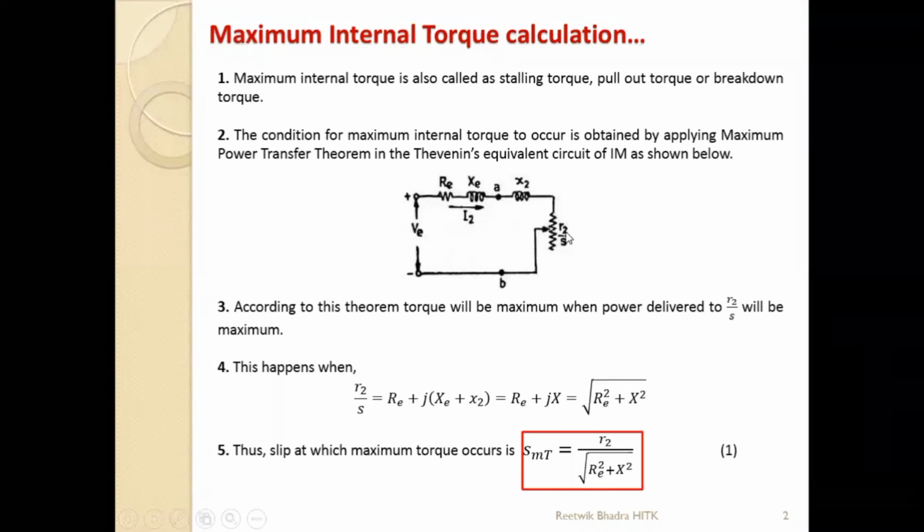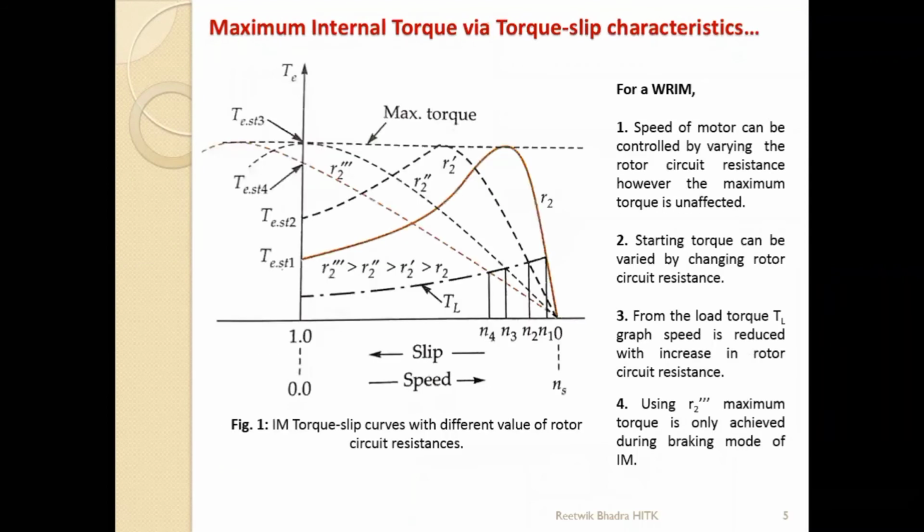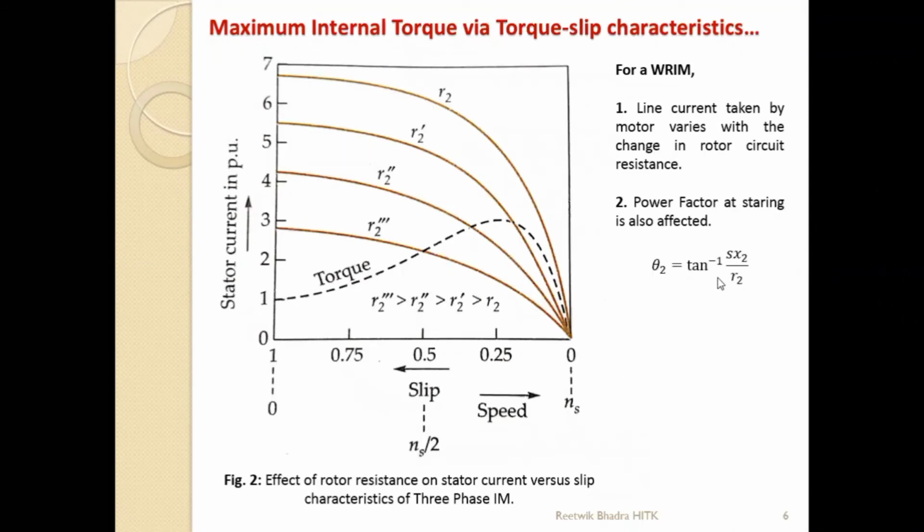Tan theta will be x2 by R2 by S, so S x2 by R2. That will be our tan theta value. And because we are changing your R2 value, your theta will also change, and similarly cos of this theta will go on changing.